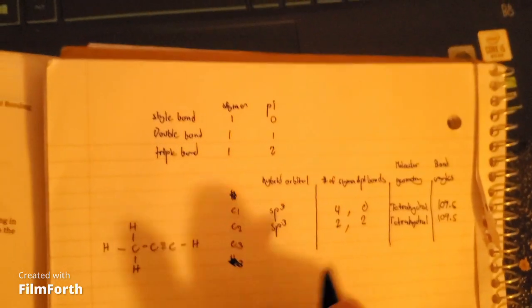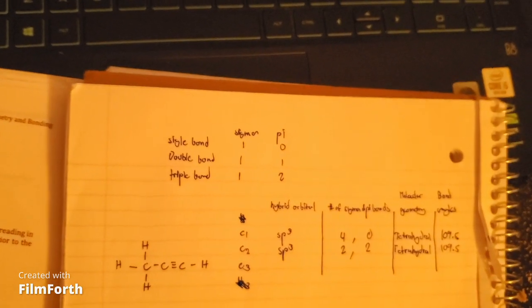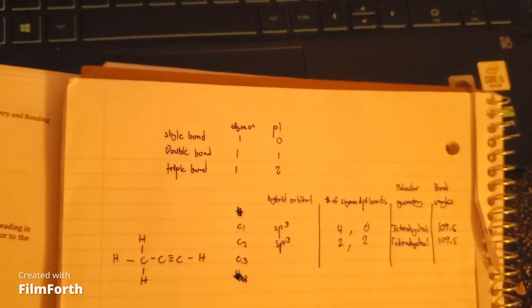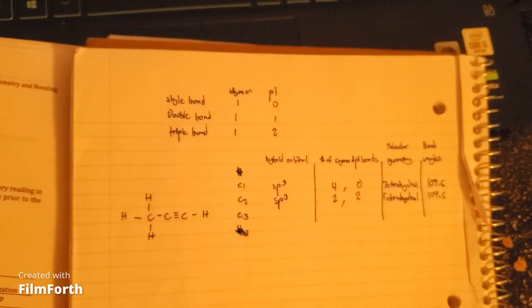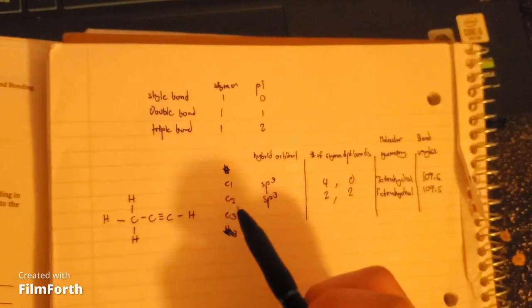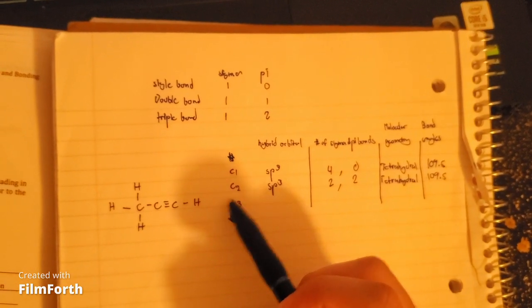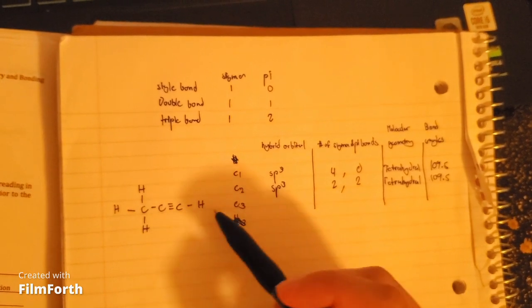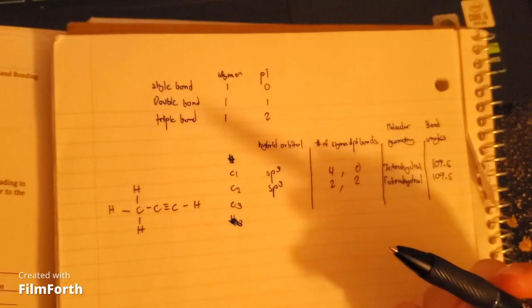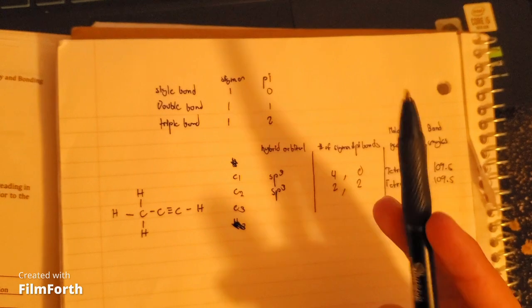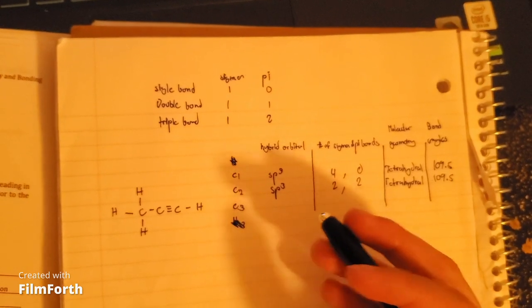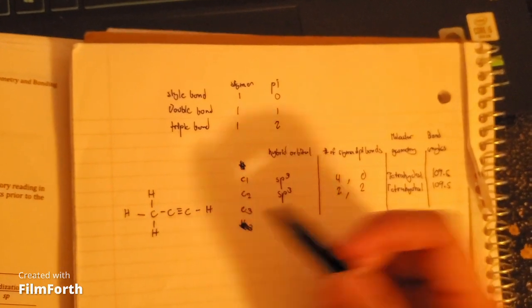Now the final one, as you can see, kind of looks like the second one, in which there are no lone pairs and no extra valence electrons. So it's pretty much the same as the second one.